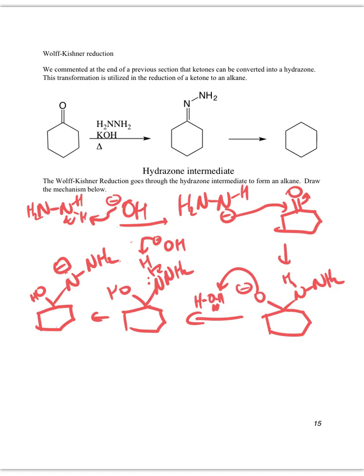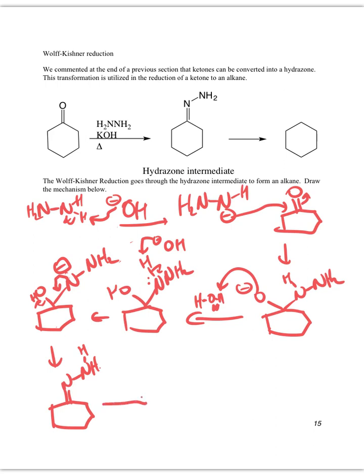Now from this, we have a leaving group. We can go through that carbonyl equivalent of a double bond to a more electronegative atom, kicking out the hydroxide, and we get a double bond to the nitrogen, single bond to the NH2, the neutral hydrazone that we showed up above.